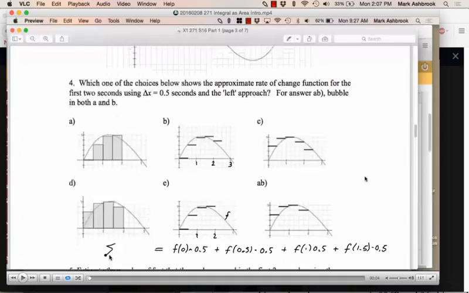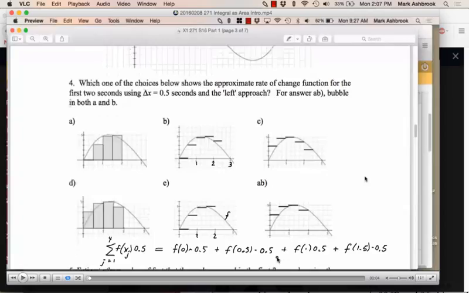We could say it's the sum, as j goes from 1 to 4, and each one of them is f of x sub j, and then times 0.5. So we're just summing up a bunch of f of x times 0.5. And so when we sum them all up, we get the approximate amount of change in distance in the first 2 seconds. So that's all review.